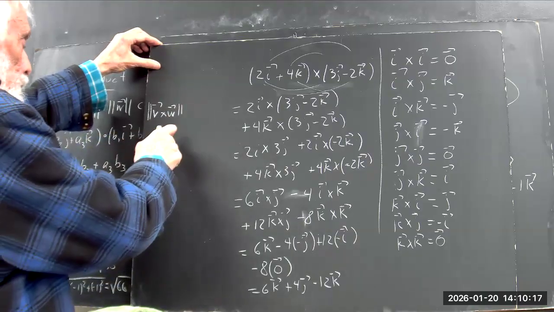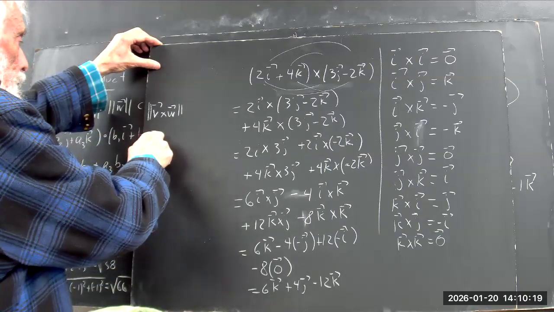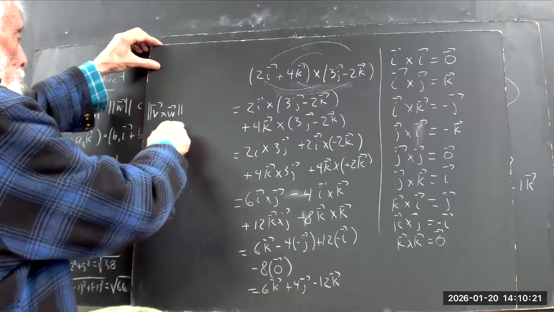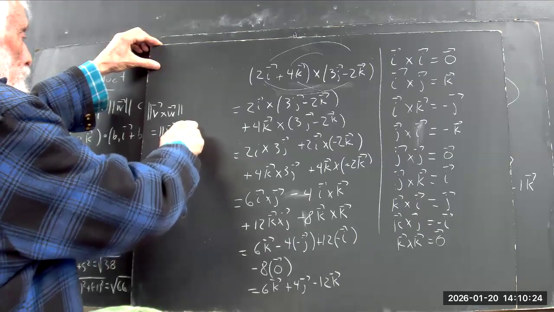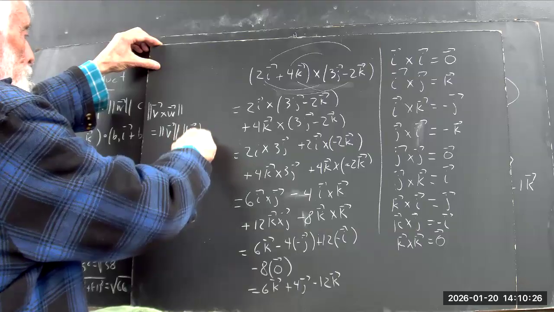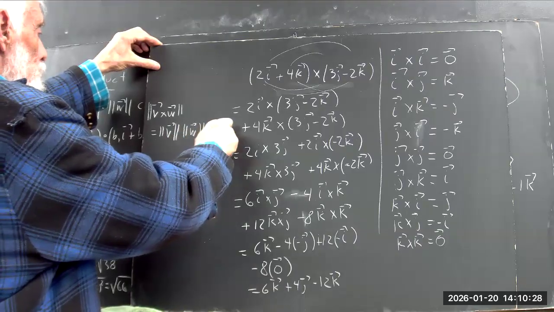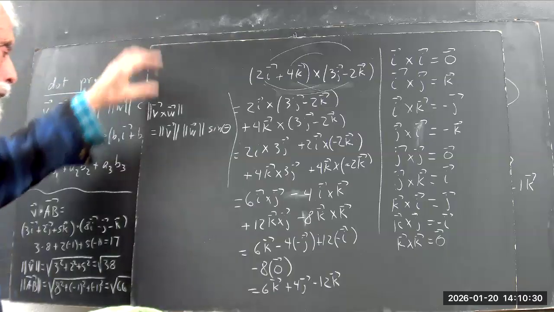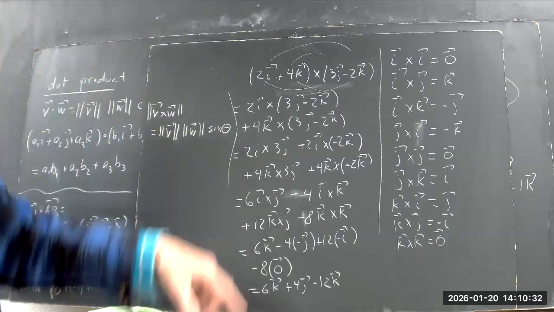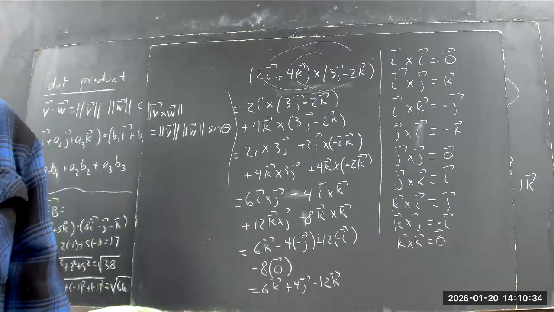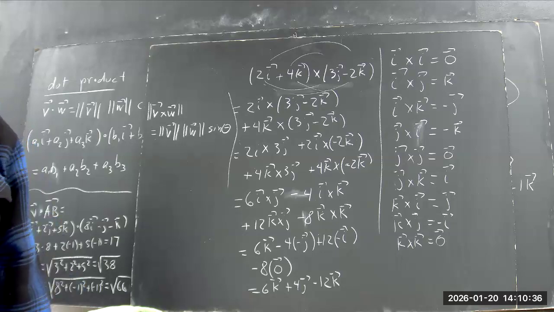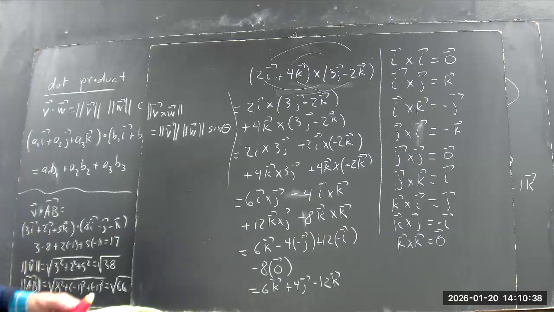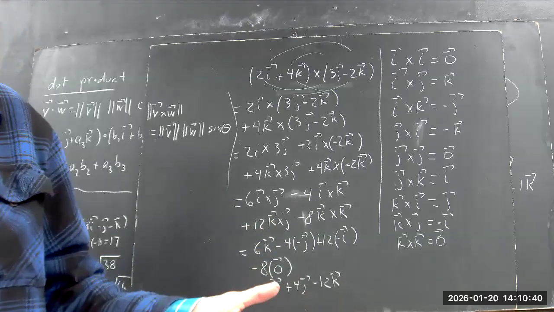The magnitude of V cross W is the magnitude of V times the magnitude of W times the sine of theta, the sine of the angle. Okay. And that's consistent. What's the sine of 0?